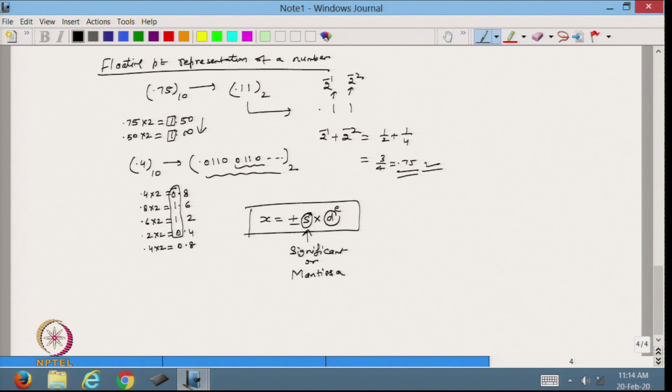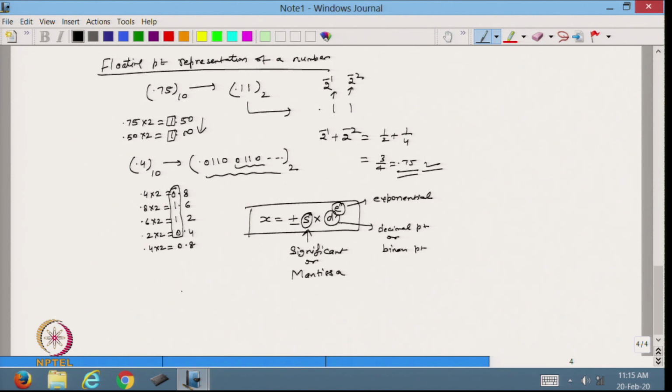So, that gives you the significand or mantissa. This gives you the decimal part or binary form, and that is the exponential part. Exponential.